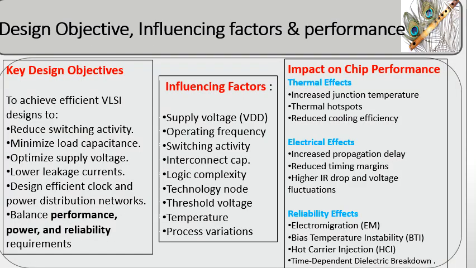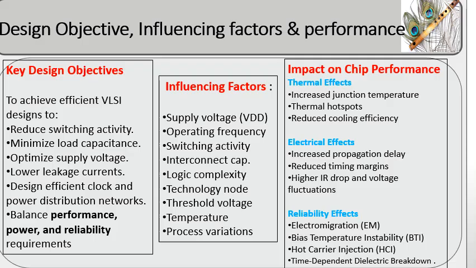The primary objective of VLSI chip design is to achieve the optimum balance between performance, power consumption, silicon area, cost, and long-term reliability. These objectives are influenced by the chip architecture, fabrication technology, device dimensions, interconnect characteristics, and operating conditions. As technology continues to scale, increasing transistor density and shrinking geometries introduce significant electrical and physical challenges.